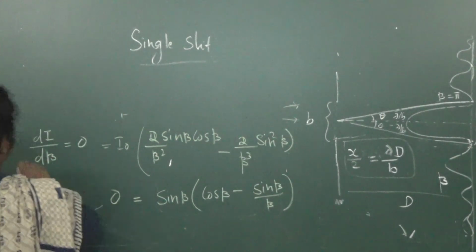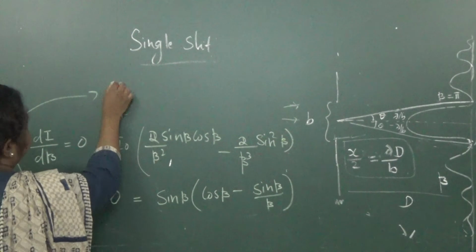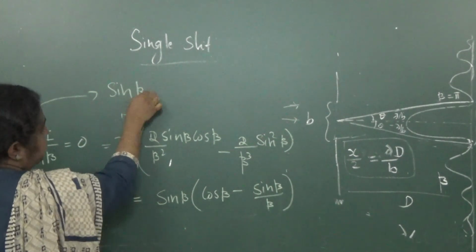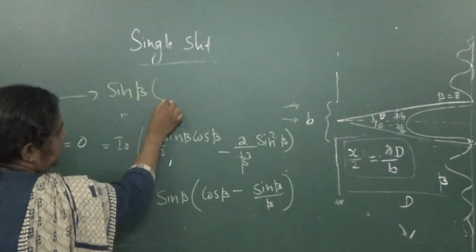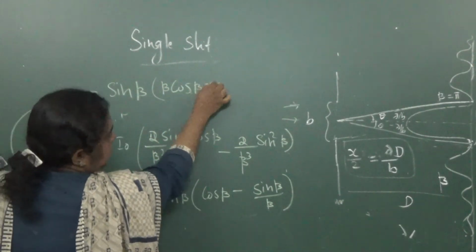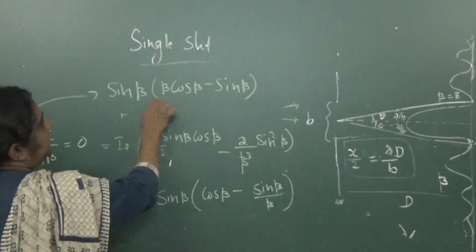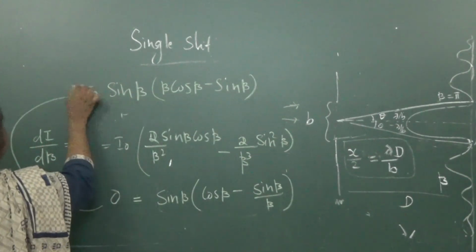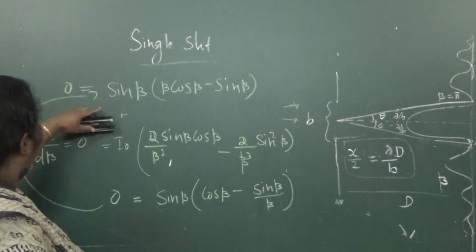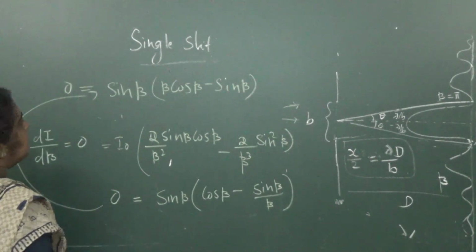This will change to sin beta into beta cos beta minus sin beta. Then beta will be there, since our LHS is 0, that will be gone.